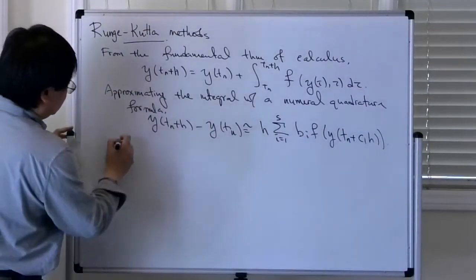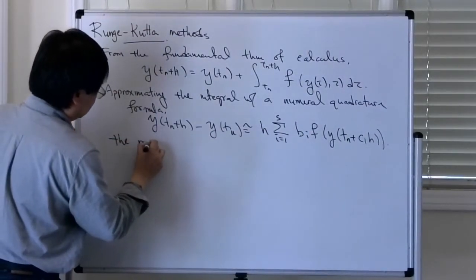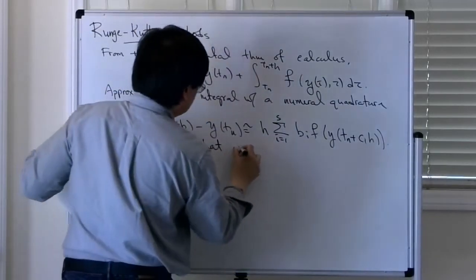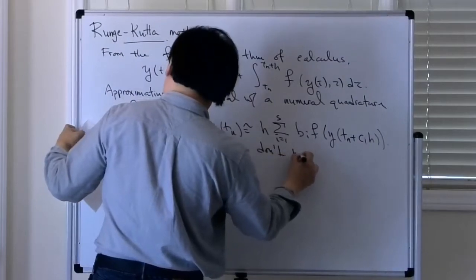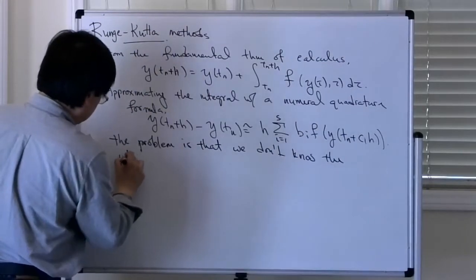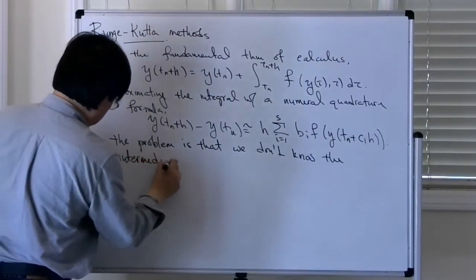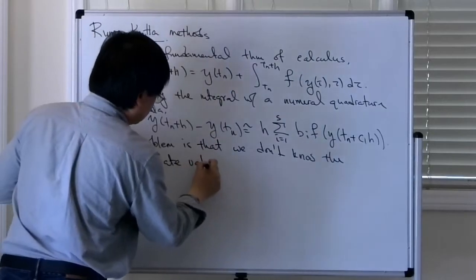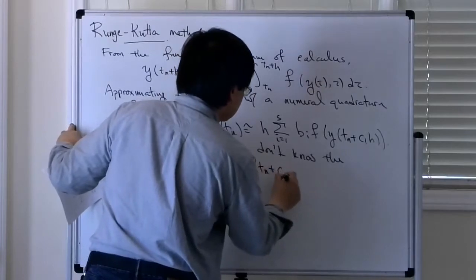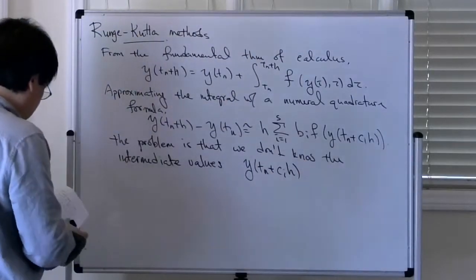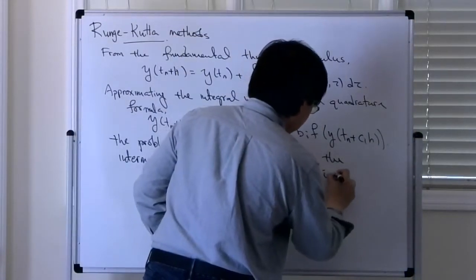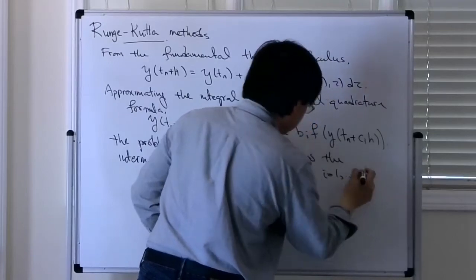So the problem is that we don't know the intermediate values, which are y at Tn plus CIH, for I equals 1 to s.